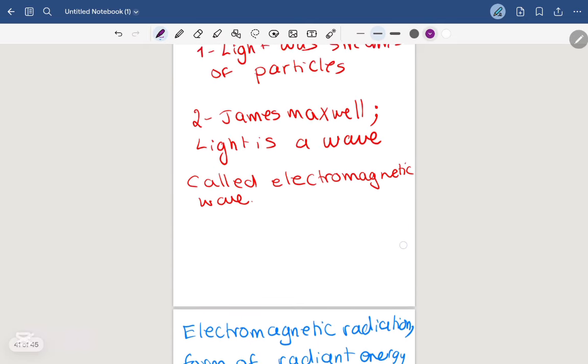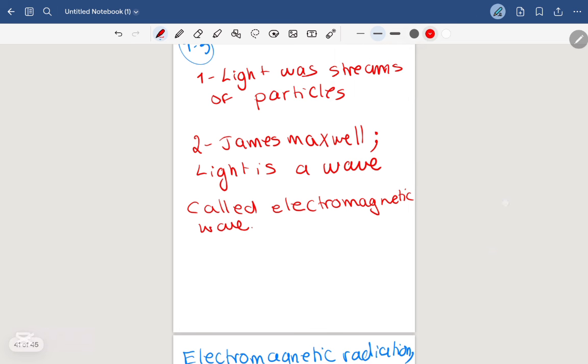Perfect. That's Planck explained. Now we need to go back up all the way over here. So we first said that light waves were said to be streams of particles, but then James Maxwell corrected that, and then comes the very, very famous Einstein. What did Einstein do?